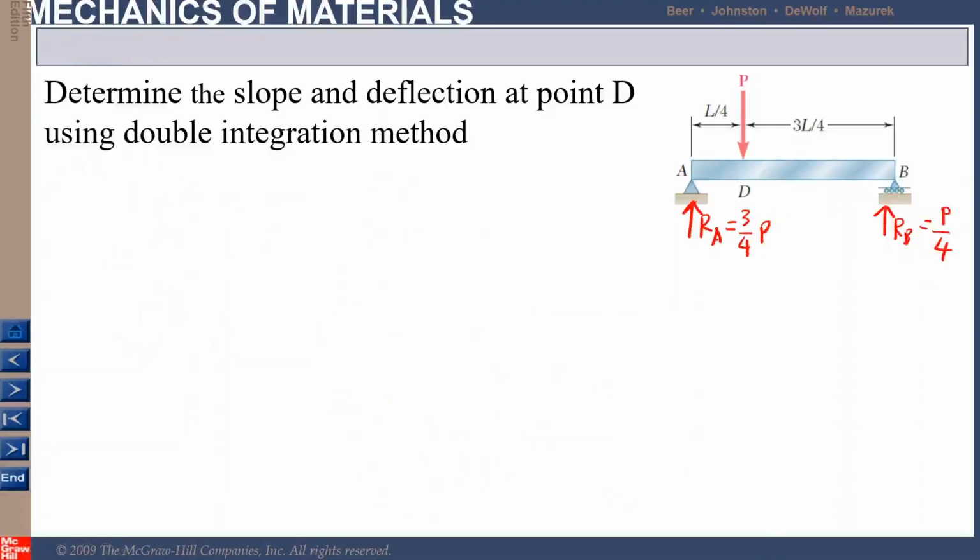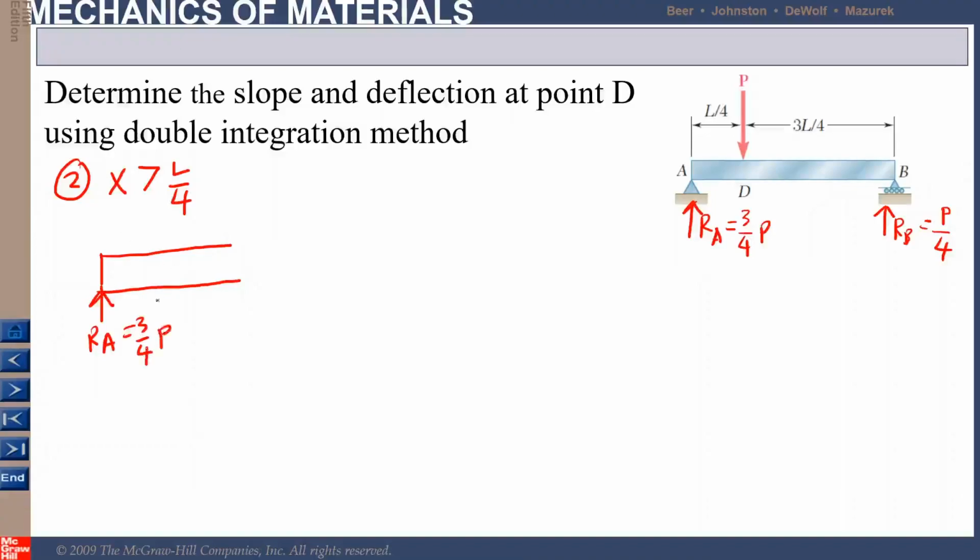For the second situation, we have x bigger than L over 4. So when we have x beyond L over 4, we can expect our beam to have RA equal to 3P over 4, and our load P situated at L over 4 here.